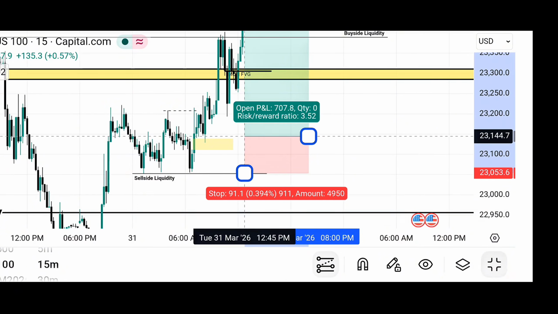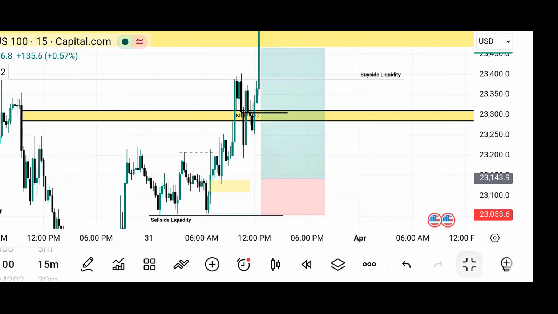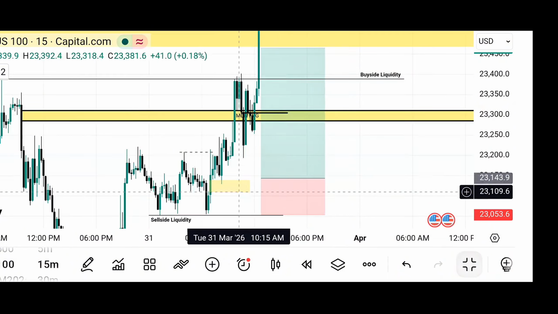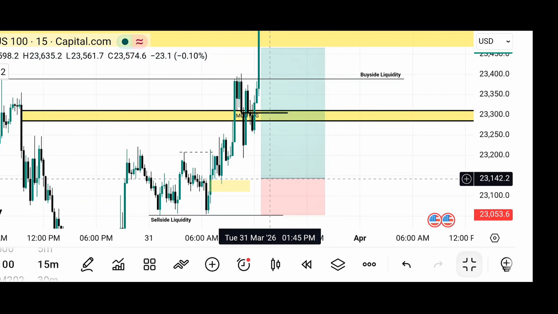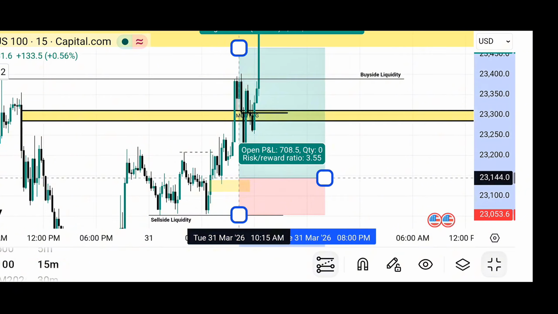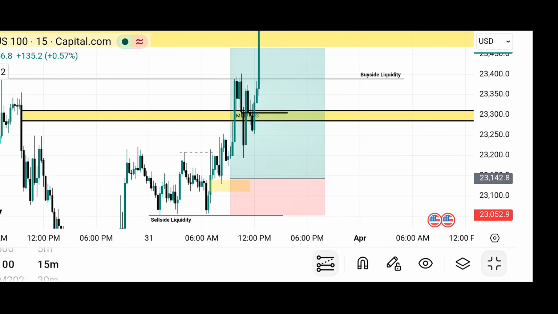You were able to identify the divergence in price, and after this run up and this break of structure, you placed a buy limit at this point, and your stop loss is somewhere here at these lows.